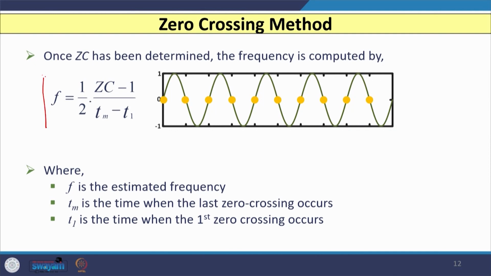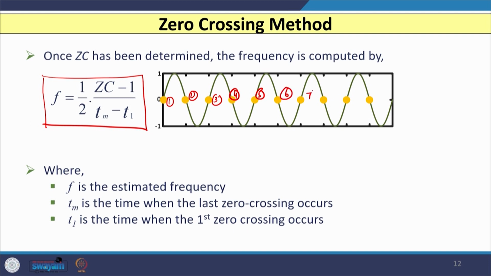That can be obtained by this equation, where f is the frequency which we wish to estimate, equal to 1/2 (ZC minus 1) divided by (Tm minus T1), where ZC is the number of zero crossings, Tm is the time when the last zero crossing occurs and T1 is the time when the first zero crossing occurs.